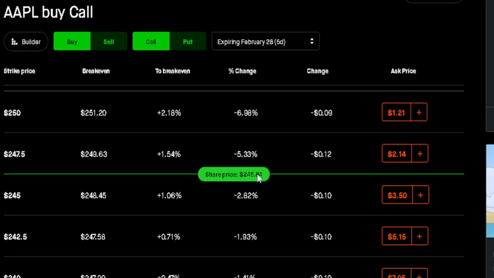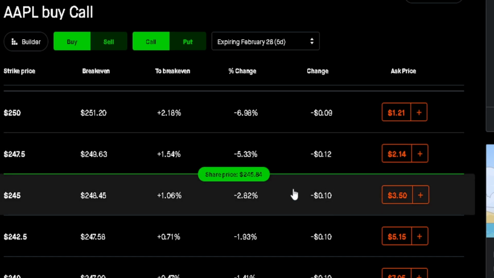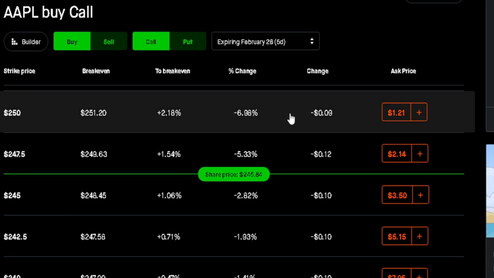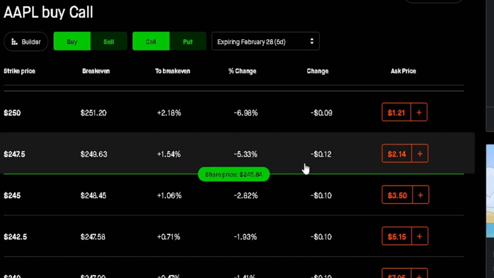So 247.50 would still be considered at the money because it's the closest one to it. So technically the 245 is closer price wise. That would already be basically in the money. So that's why this one's considered at the money, and the 250 and above would be considered out of the money. At the money is exactly what it sounds like. It's the options closest to the current strike price.